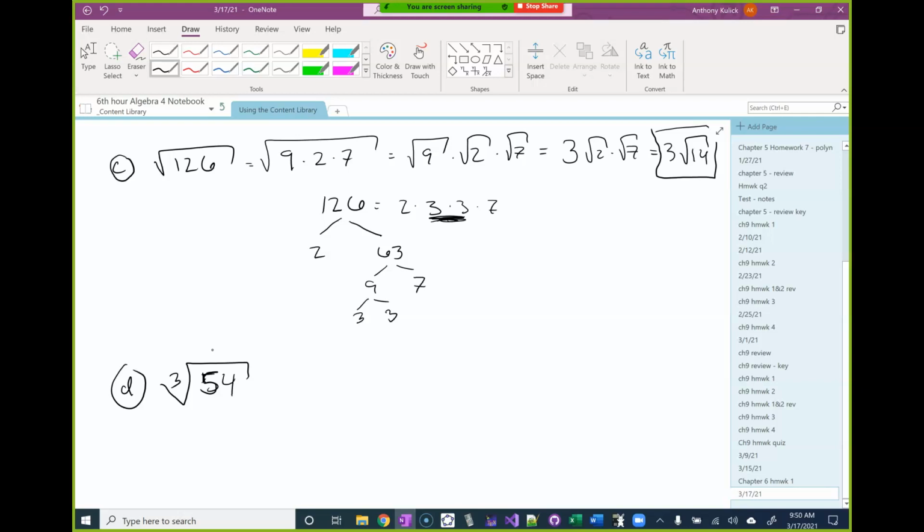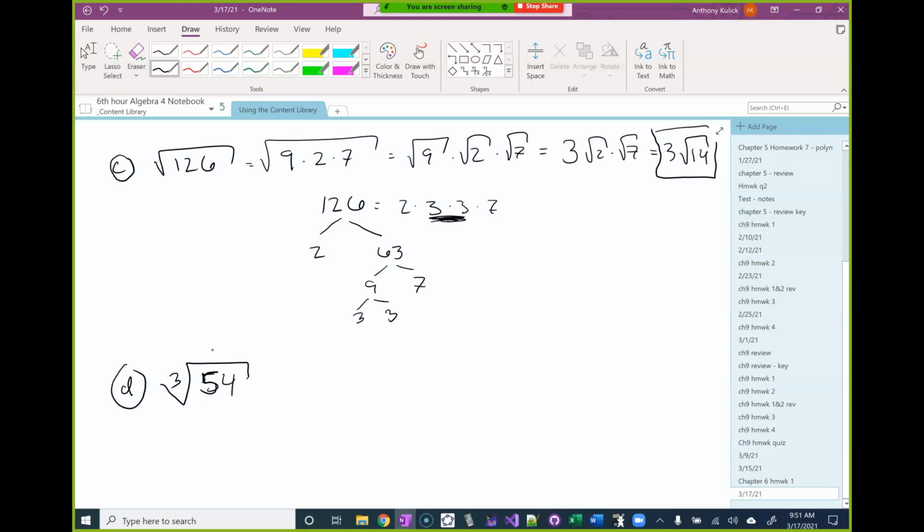What are some examples of perfect cubes? 8 is an example because 2 to the third is 8. What's another one? Well, let's do 64, because 4 to the third is 64.